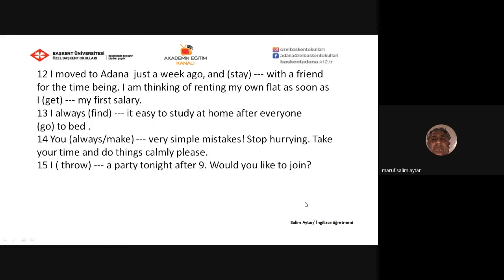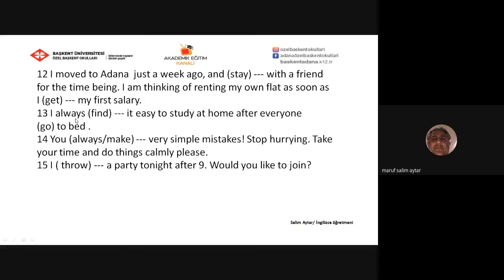I moved to Adana just a week ago, says the speaker, and blah blah with a friend for the time being. Now, in a way, I'm thinking of renting my own flat as soon as I blah blah my first salary. It suggests a kind of future, doesn't it?